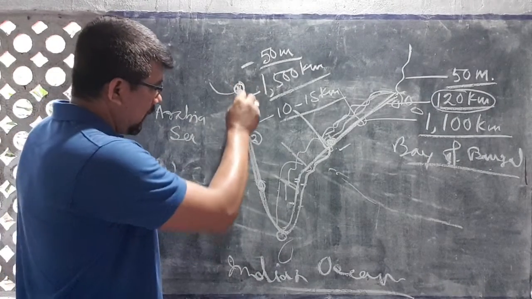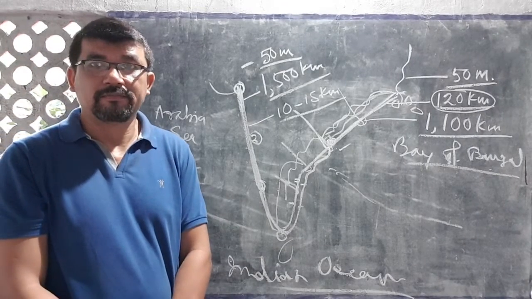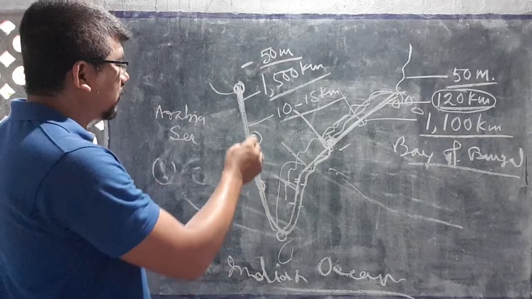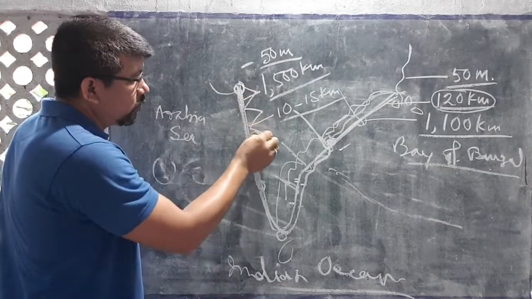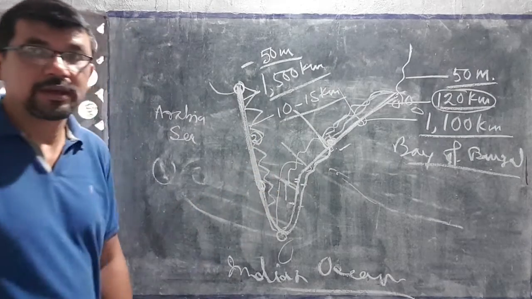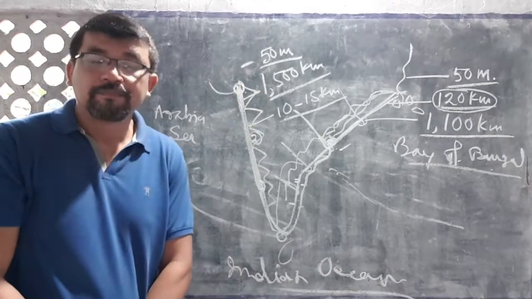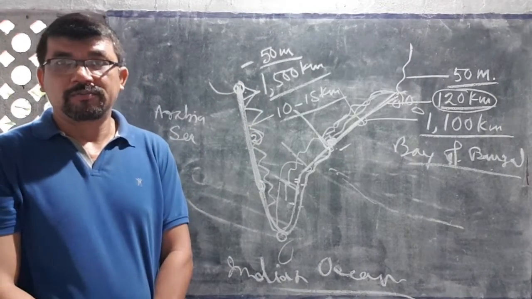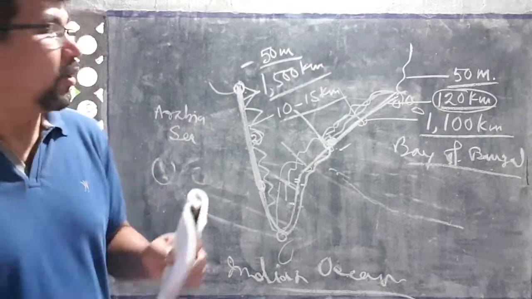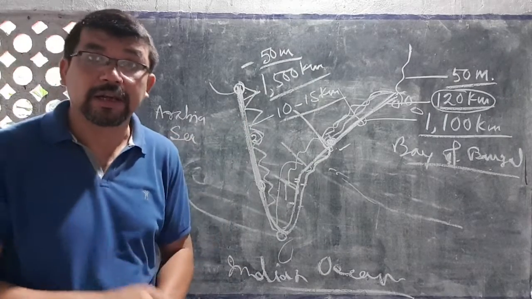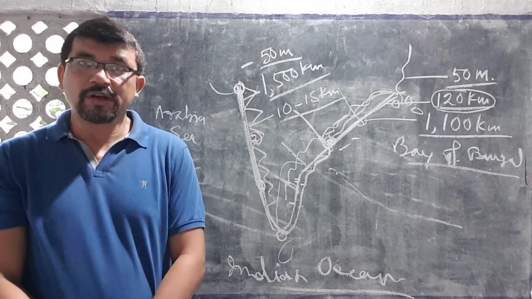Why does this coastal region have less width? It is only because near the coastal region, there is a high mountain which is known as Western Ghat Mountain. It is the highest mountain of Deccan Plateau. It is located very near to the coastal region. Therefore, the breadth of this coastal region is somewhat narrower than the eastern coastal region. Okay?